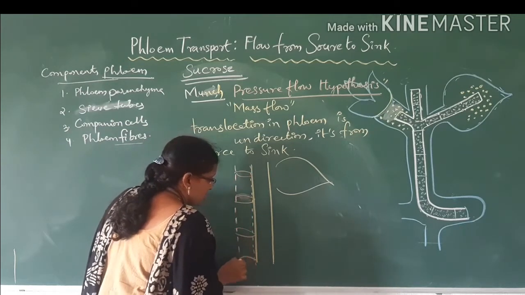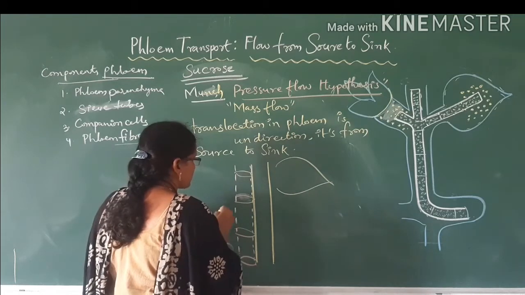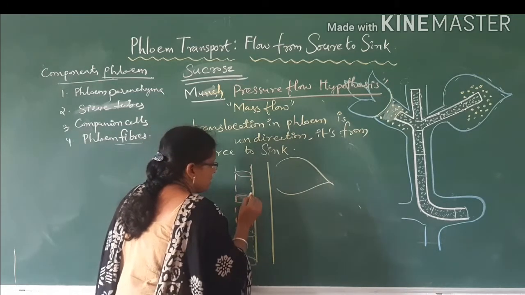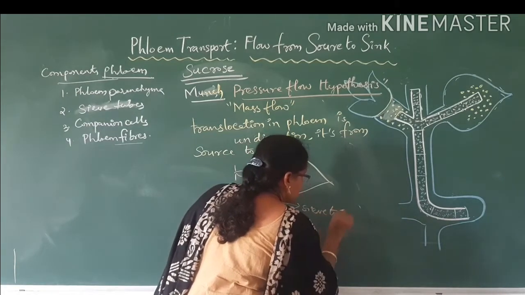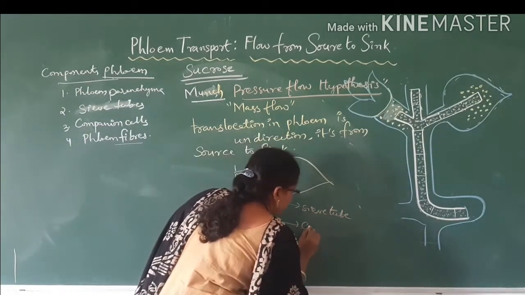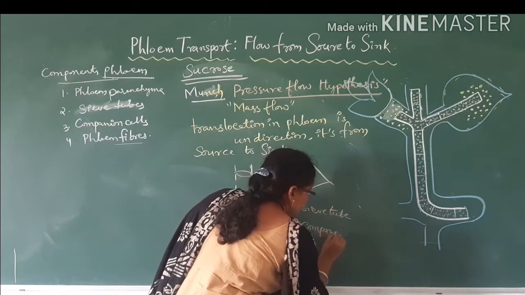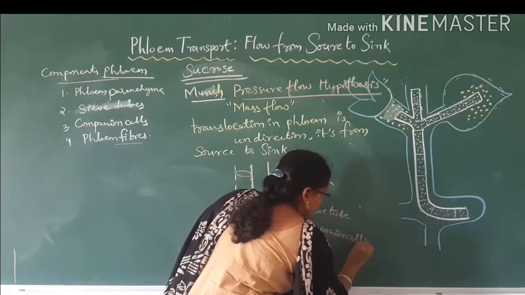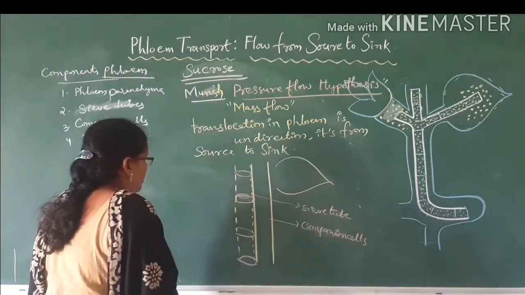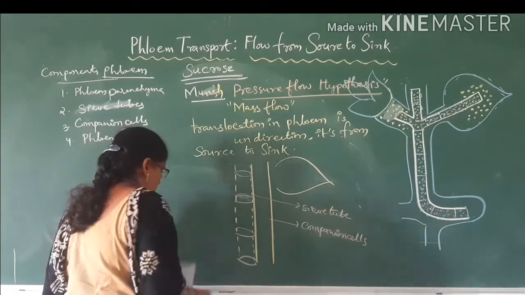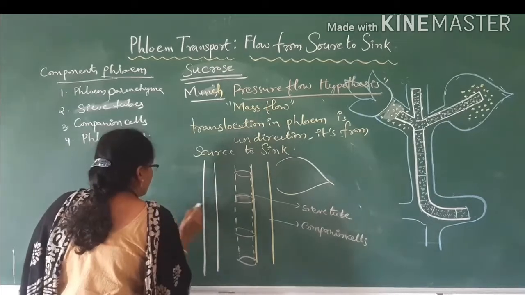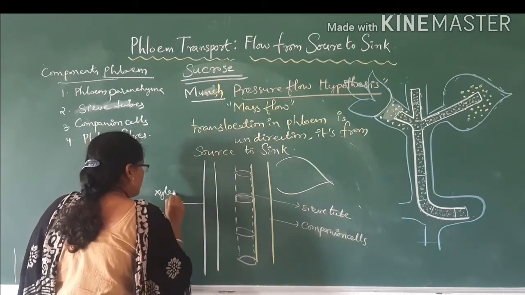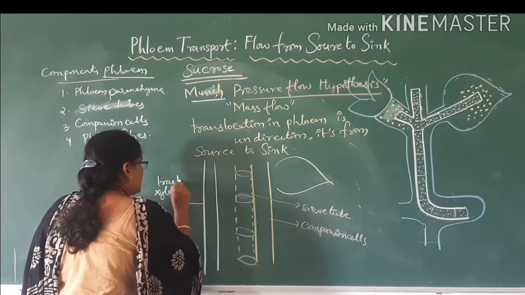We will draw the structure. This is the sieve tube, and this is the companion cells. And we have the xylem tracheids.